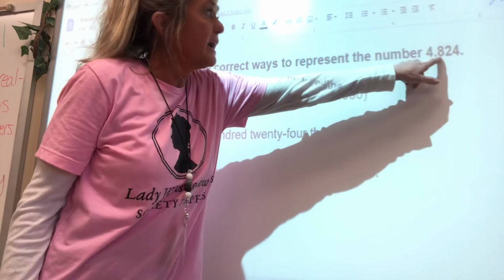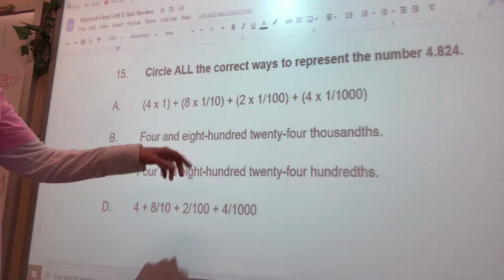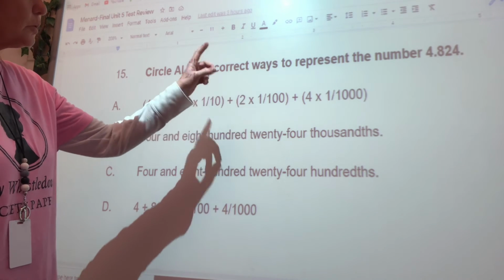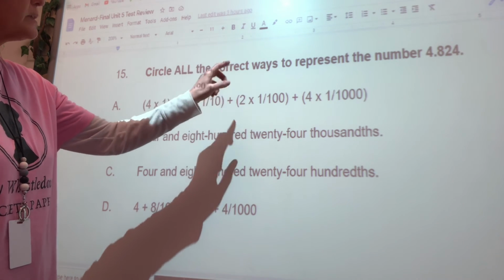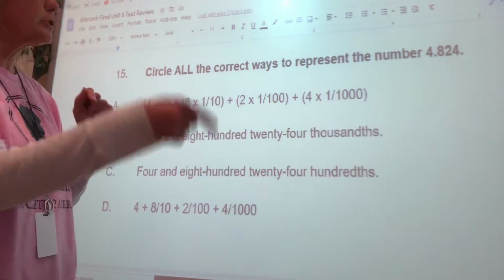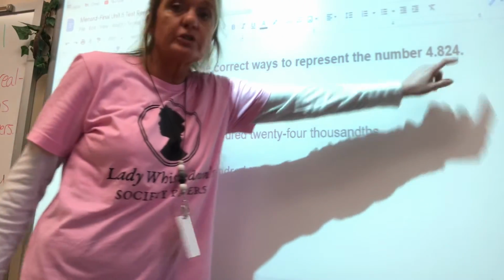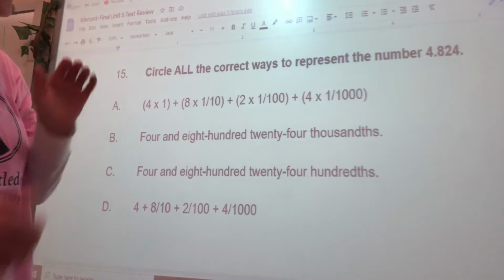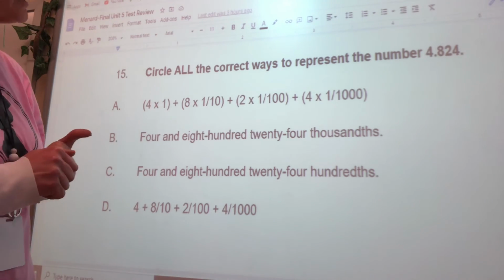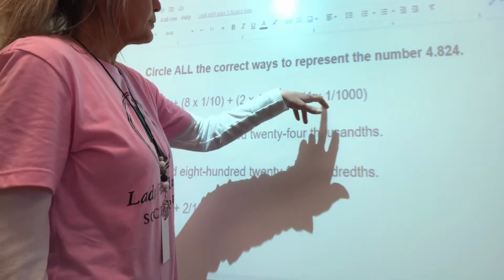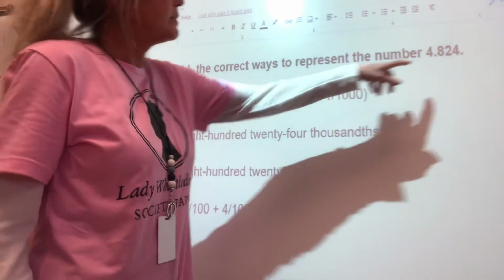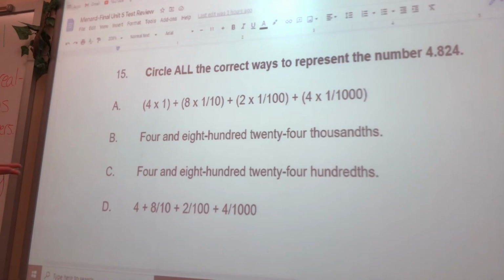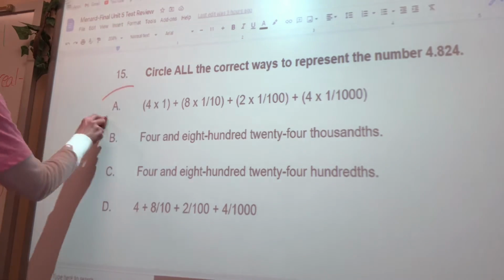So yeah, I have an 8 in the tenths spot. And I have 2 hundredths. That would be 0.02, so I would have 2 in the hundredths place. Yeah, and I do. And I have 4 times 1/1,000. That would make sense. I would have 4 thousandths, and that is in the thousandths place. All right, and so that is a correct statement.